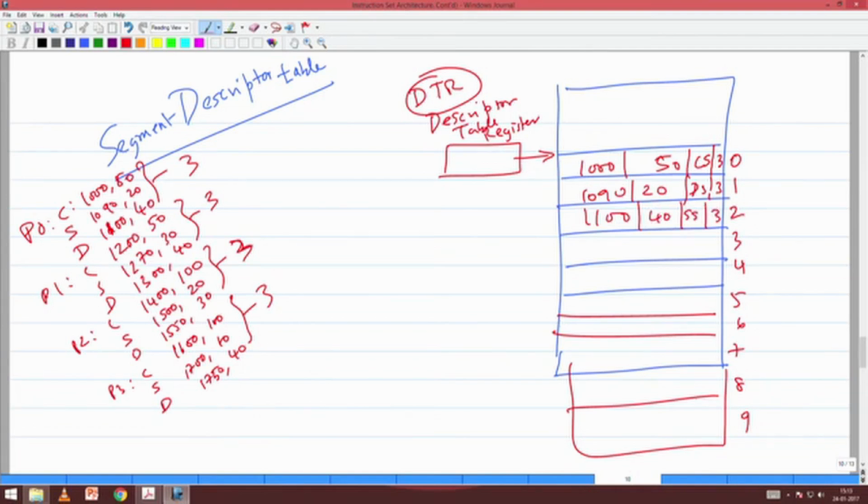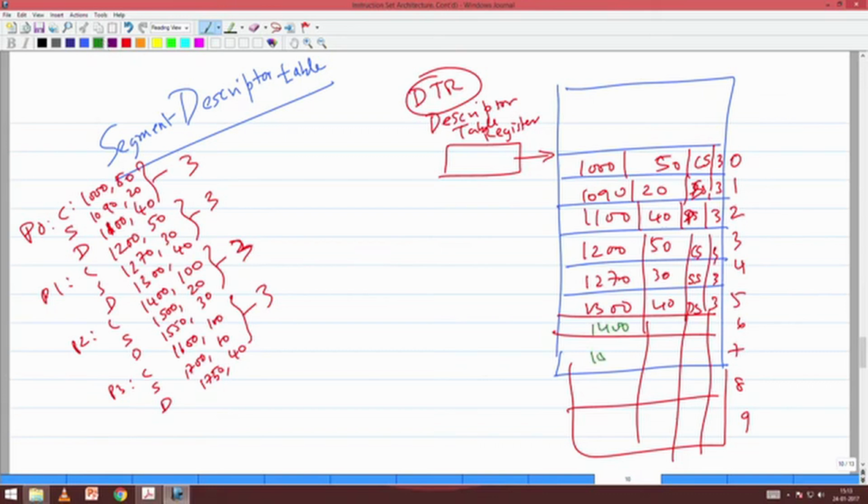Let us just fill it very fast: 1270, 1300, 50, 30, 40, CS, SS, DS, 3, 3, 3. Then 1400, 1500, 1550.